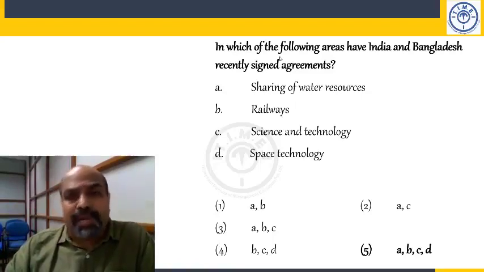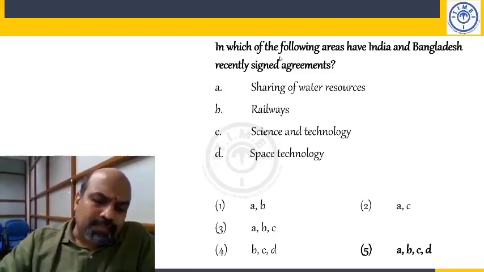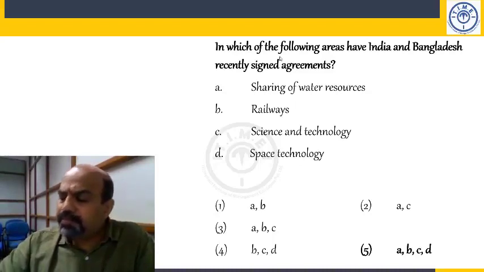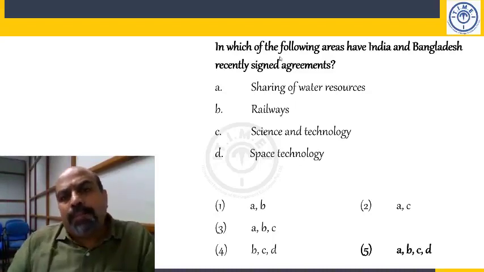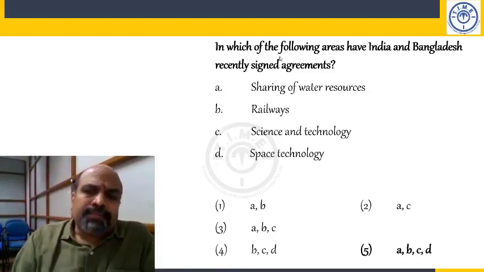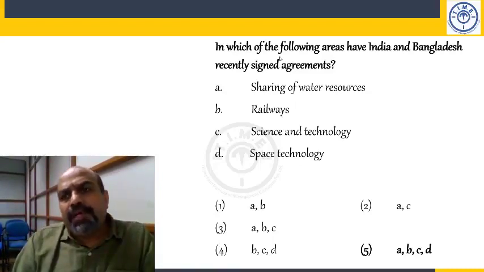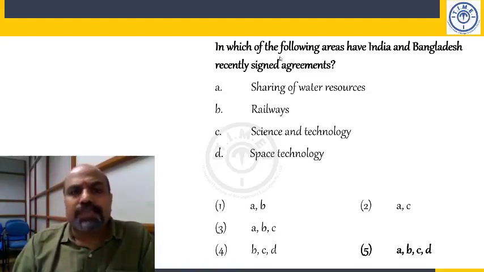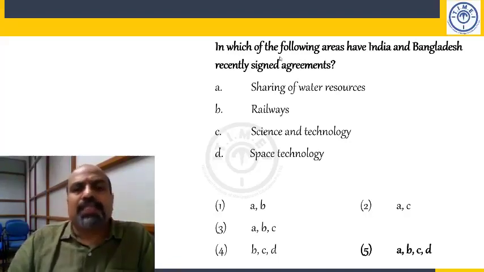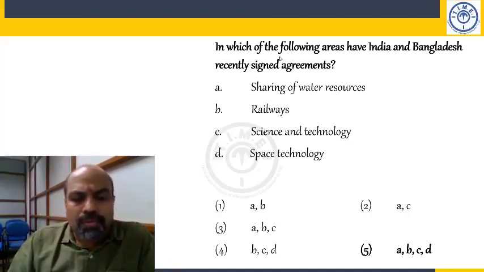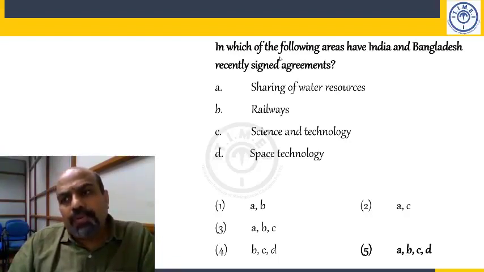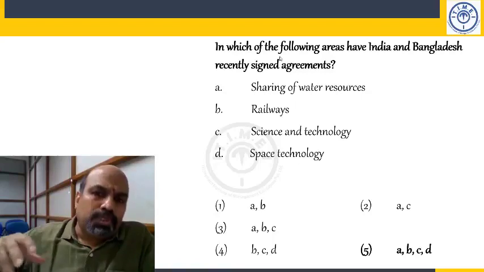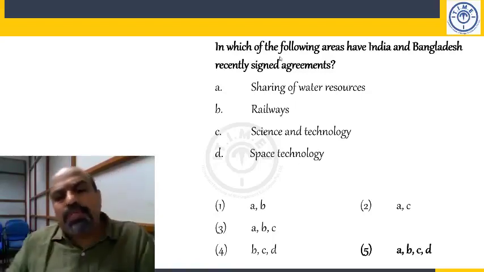One, Maitri Power Plant, Unit 1, at Rampal, and second, the Rupsha Rail Bridge.